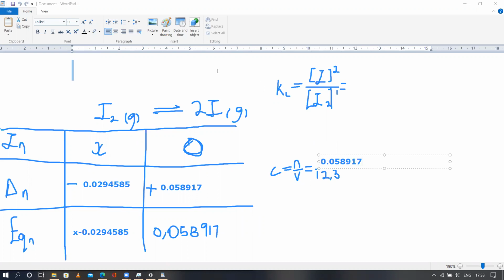So that's gonna be the concentration for your iodine atoms, and the concentration for your iodine molecules is gonna be x minus 0.0294585, also divided by the same volume of 12.3.